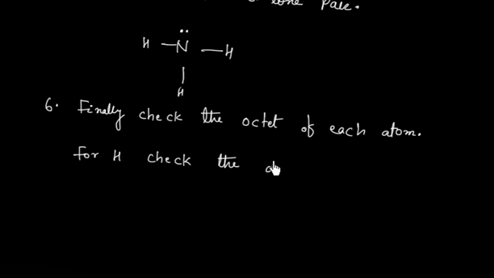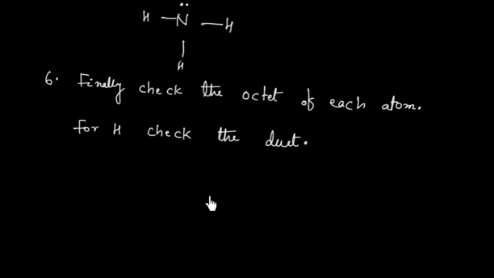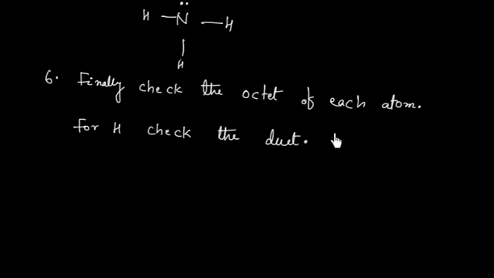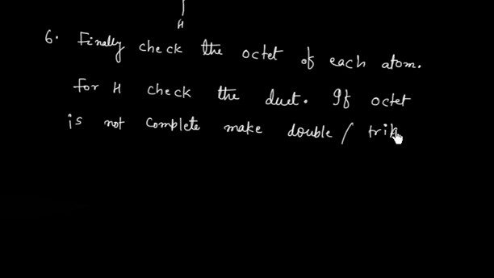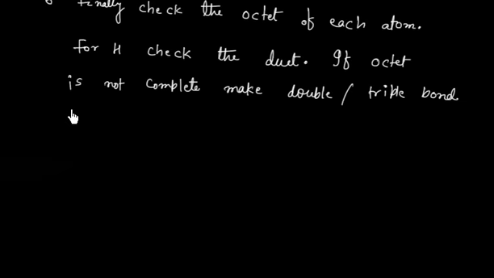Check the duet, and if the octet is not complete, make a double or triple bond from the lone pair.